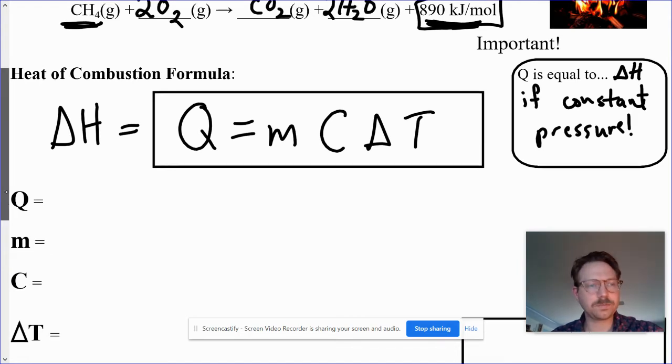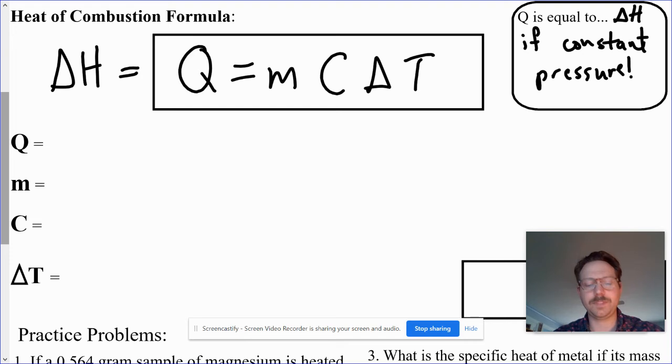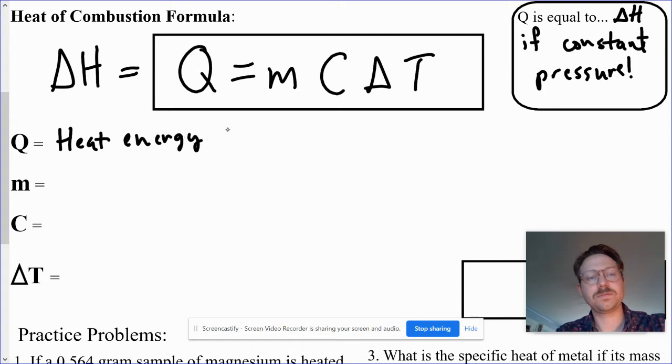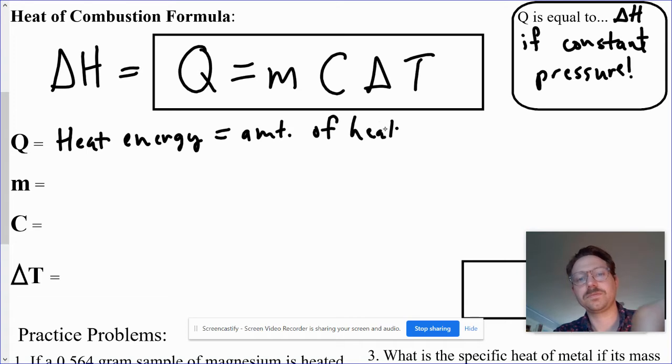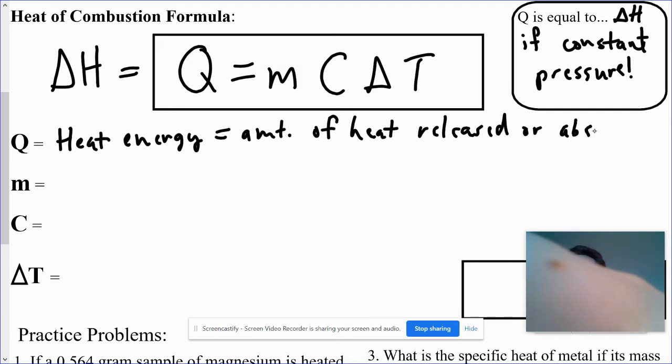So let's talk about what each of these mean here. The Q stands for heat energy. And this is the amount of heat that's either released or absorbed. Okay, and it's either a plus or a minus.